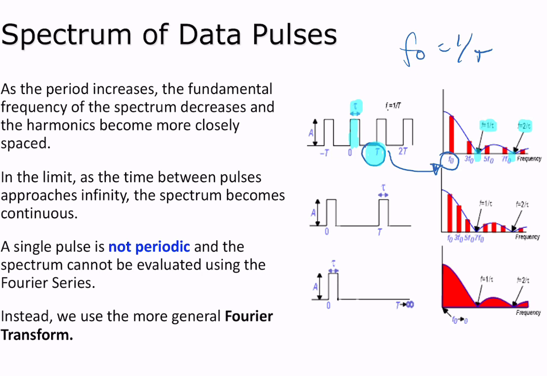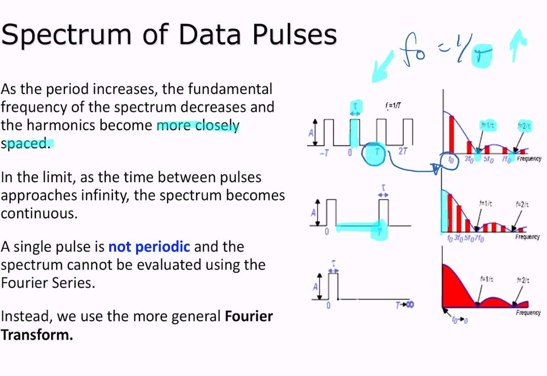Now, we're not going to change the width of the pulse. What we're going to do is make these pulses further and further apart. So we're going to increase T. As T increases, F0 decreases. So these spectral lines become closer together, more closely spaced.